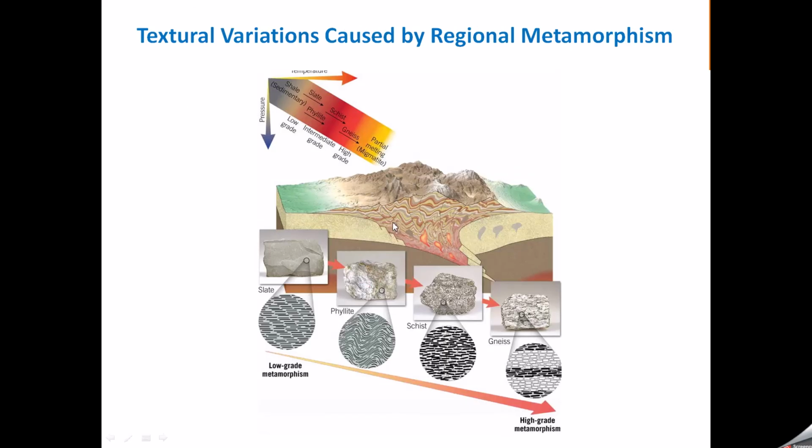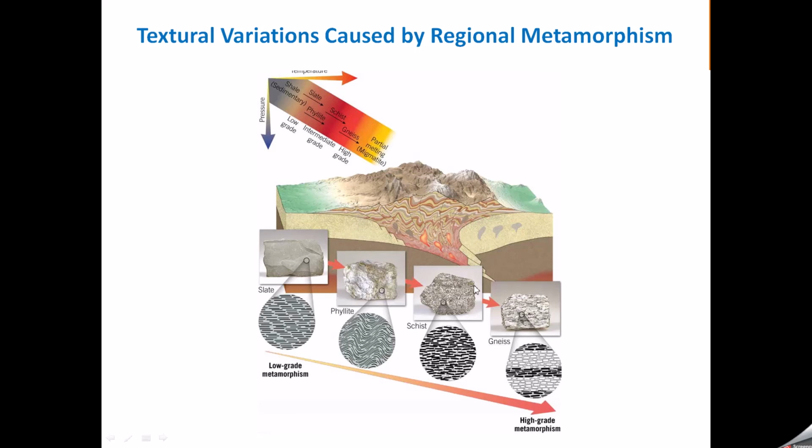So if we're going through a subduction zone, what we'll see here, away from the subduction, the high heat, pressure, and temperature, we'll see slate, low degree. Then as you come closer, we'll find phyllite. And then as we come closer, we'll find schist. And then as we come closer, we'll find gneiss.